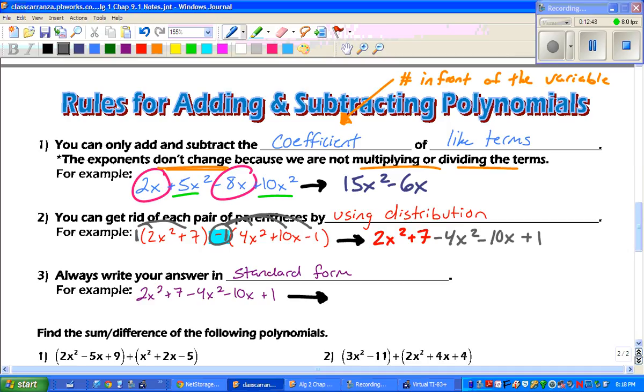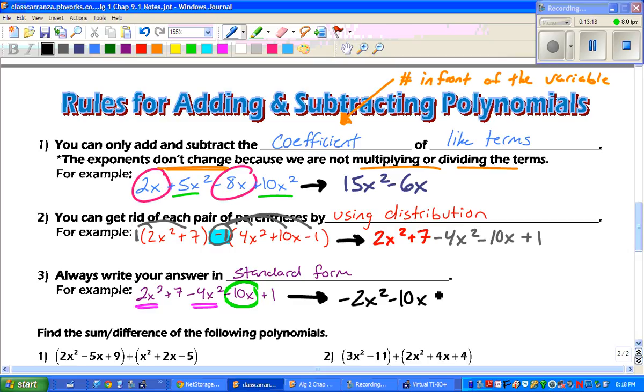So after we distribute, that's where we get to step 3, where you always write your answer in standard form. So we would combine the like terms. 2x squared minus 4x squared is negative 2x squared. Next, I would look to see if there's anything to combine with the negative 10x, which there isn't.